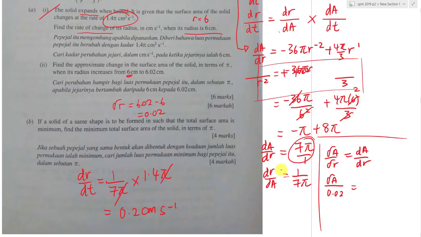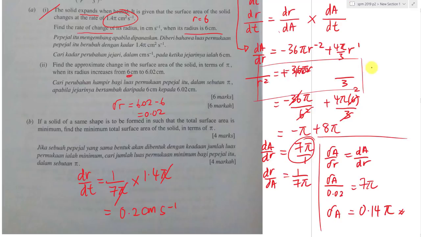So I can straight away take my 7 pi here. So I can find my approximate change of surface area easily by doing 0.02 multiplied by 7 pi. Since the question asks you to leave it in terms of pi, I say it's 0.14 pi. Yeah, this is how we do this one.